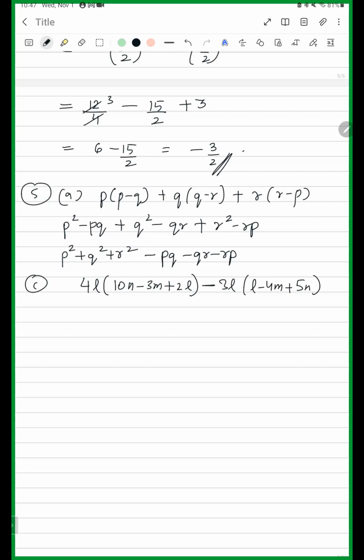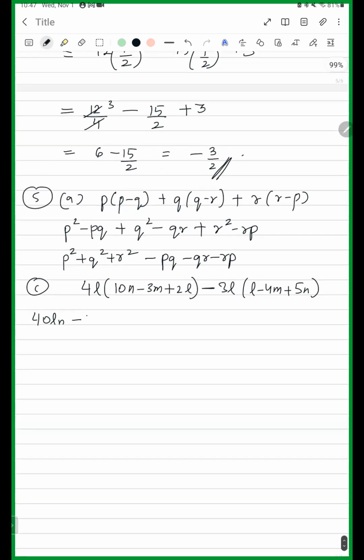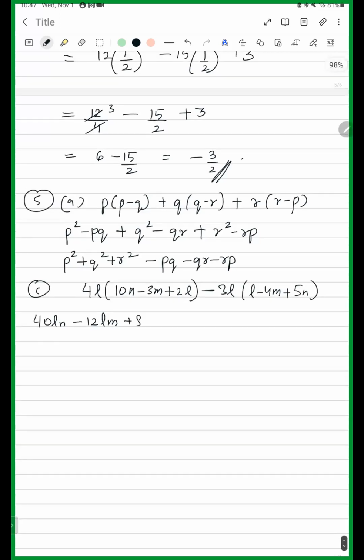So first of all, we will open the brackets. What will it become? 40 ln minus 12 lm, then plus 8 l square, then minus 3 l square.